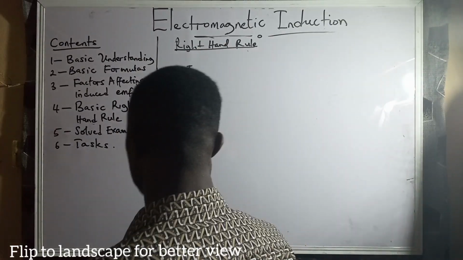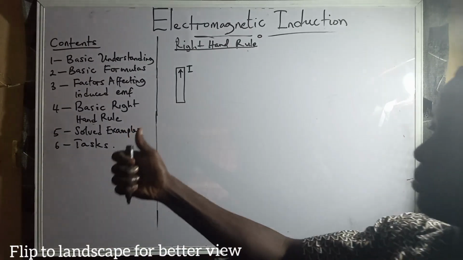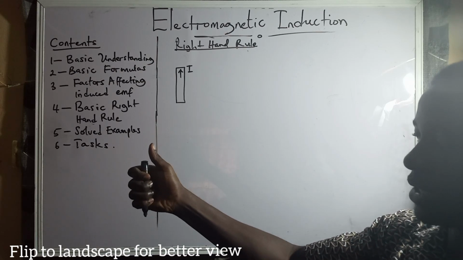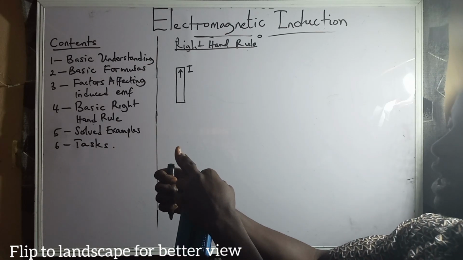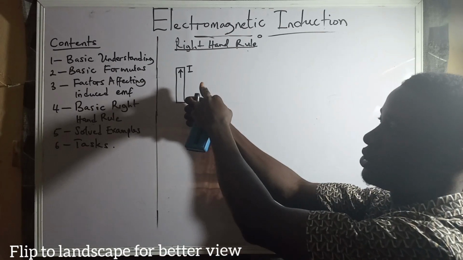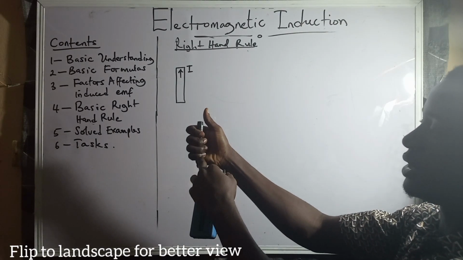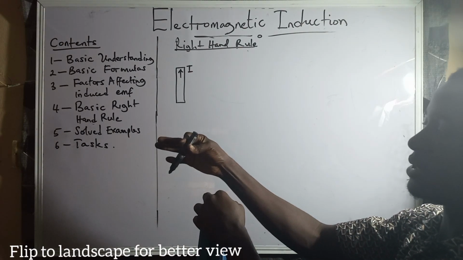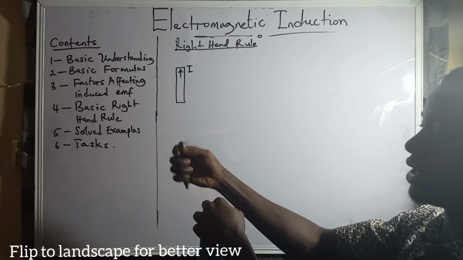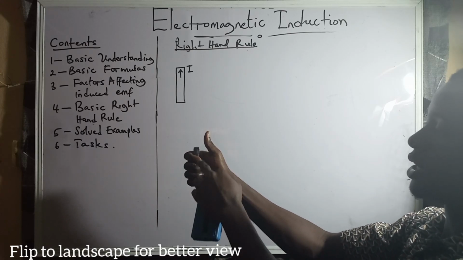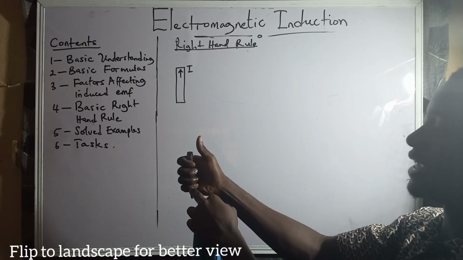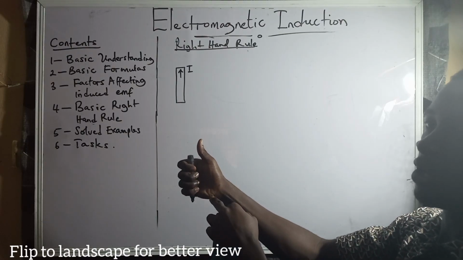What do I mean? Grip your pen like this. Let your thumb face up, just like this. So this is the direction of the current, just like I've drawn on the board, and this is the magnetic field around this coil. This pen is the coil of wire that is carrying current. This thumb is the direction of the current, while these 4 fingers is the direction of the magnetic field generated around this coil of wire.